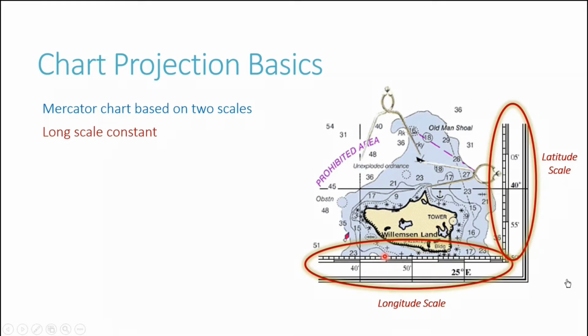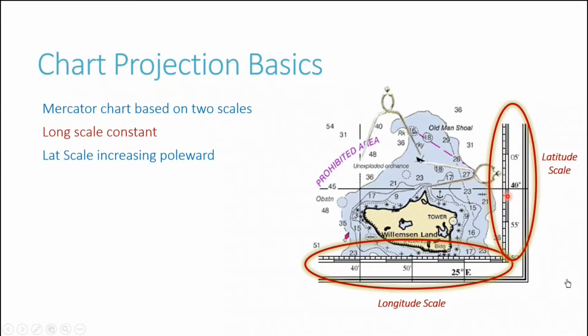It is not going to change. Now, with respect to the latitude scale, it is not so. One, which we just now discussed, latitude scale is different from longitude scale, meaning 1 minute of longitude will not be equal to 1 minute of latitude. Secondly, the 1 minute of latitude is not even of a constant length over the entire chart.